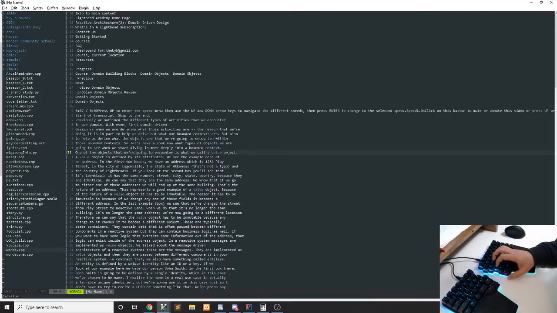So in the value object that we are going to encounter, what we call a value object is defined by its attributes.